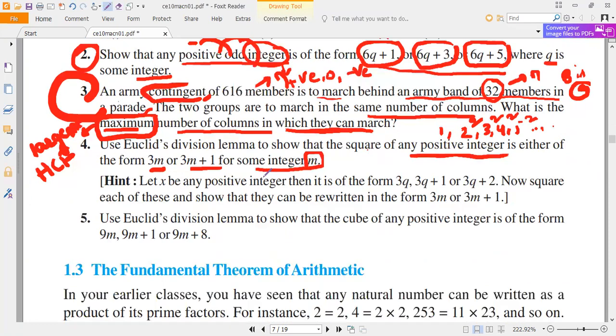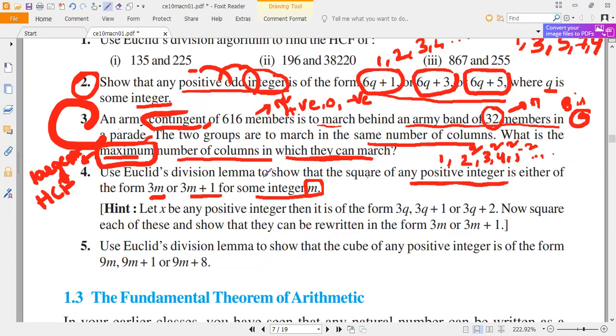What are cubes? 1 cube, 2 cube, 3 cube, 4 cube, and so on. Here, cube of any positive integer is in the form of 9m, 9m plus 1, or 9m plus 8.